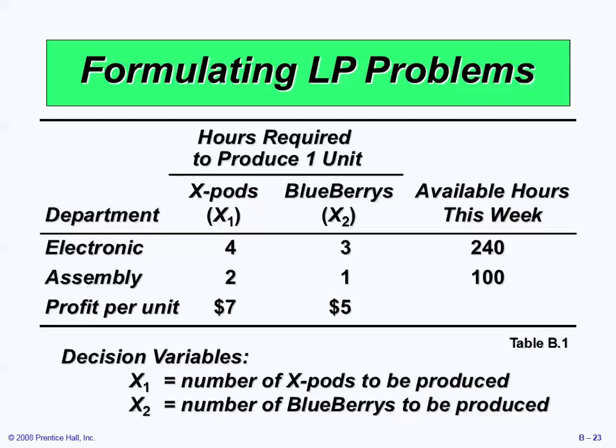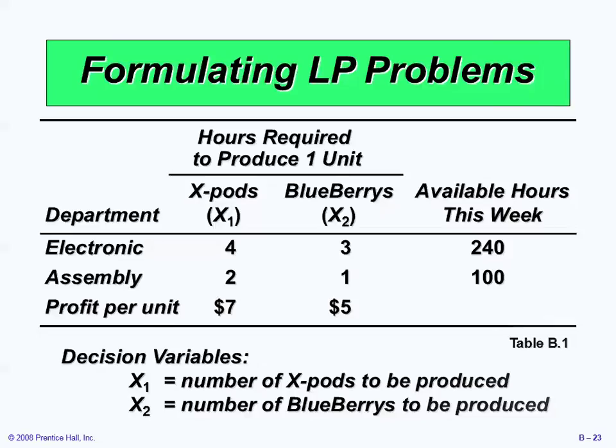Right? So let's first look at our objective. What is our objective? Our objective, of course, is to maximize total profit. Now, what are the profit contributions given? Well, each X-Pod gives us a profit of $7. Each Blueberry gives us a profit of $5. So if I produce X1 X-Pods and X2 Blueberries, my total profit will be 7X1 plus 5X2.